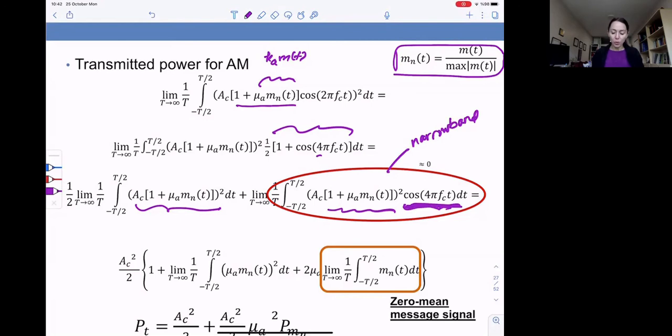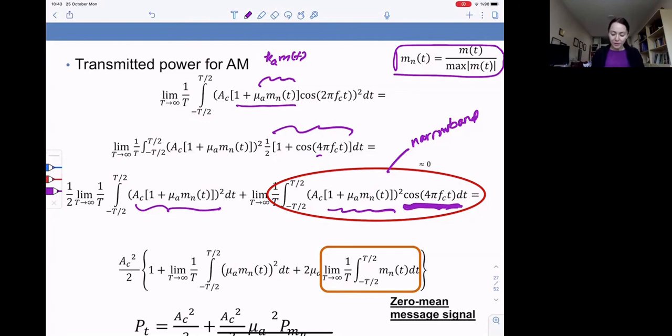I mean, you're not computing the power in the cosine, I'm sorry, you're integrating a cosine. If you computed the power in the cosine, you would have cosine squared, which would give you a positive power. But this corresponds to integrating a cosine, which will give 0.